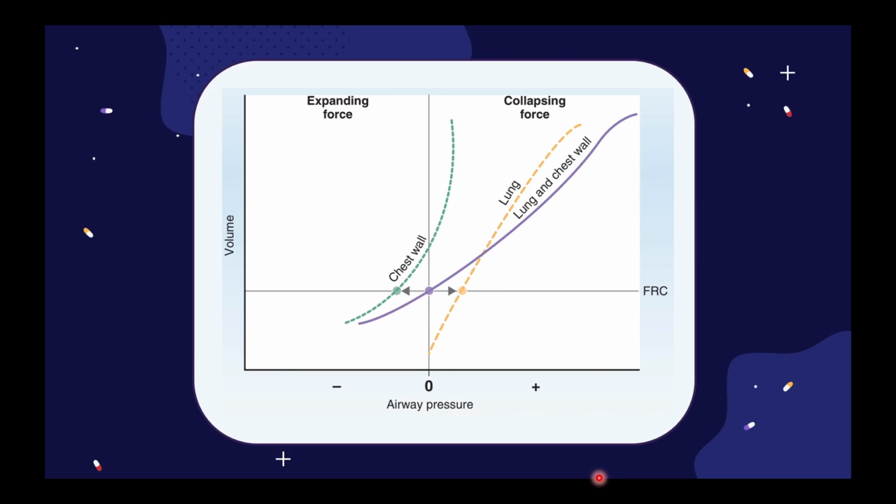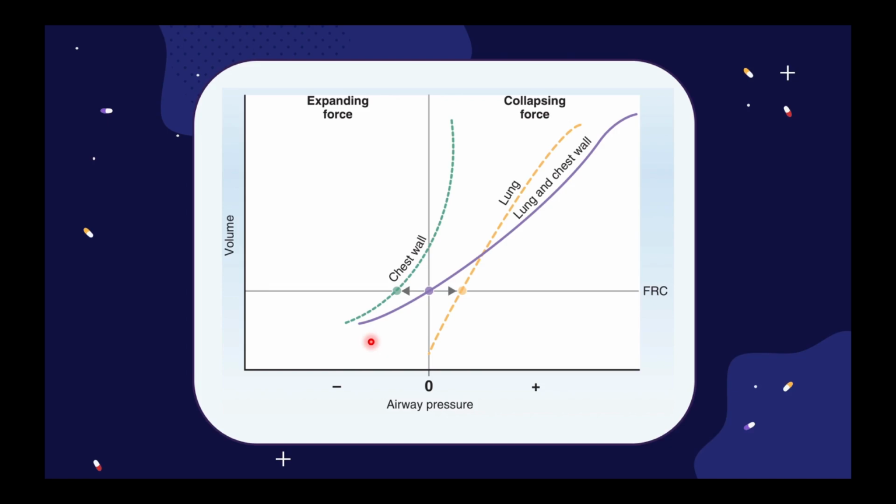Now moving on to the features of the lung and chest wall separately. First, we can see that their slopes, which is the compliance here, because compliance is change of volume over the change of pressure, are similar, so they have similar compliances. However, the lung has a collapsing force while the chest wall has an expanding force.